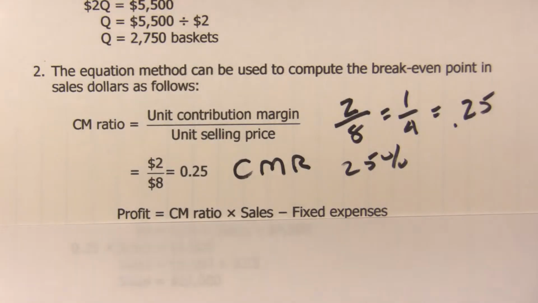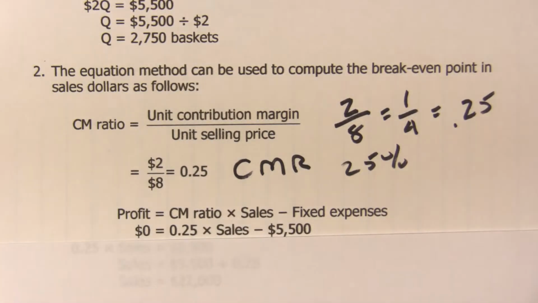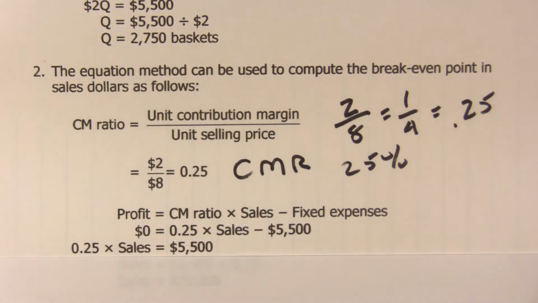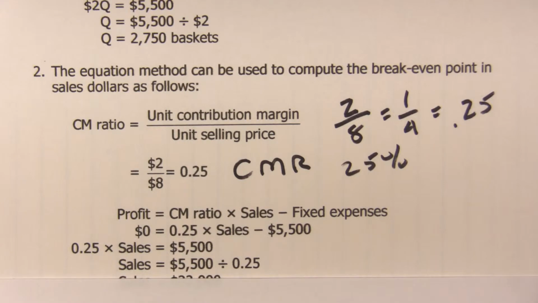And again, keep in mind that we're looking for a profit of 0, and we're looking for the sales number. Do the algebra. Take fixed costs, divide by the contribution margin ratio, and that gives us the break-even point in dollars.